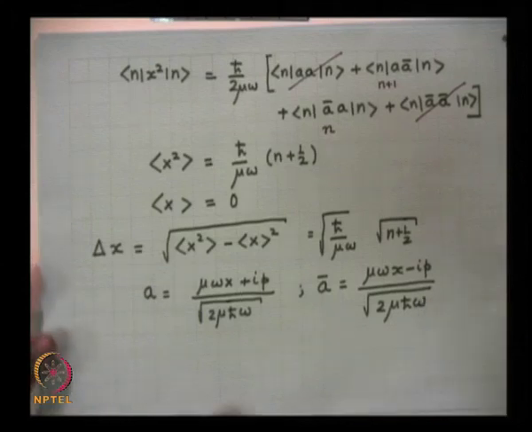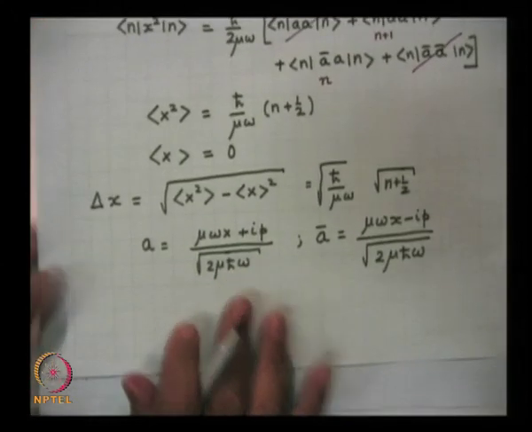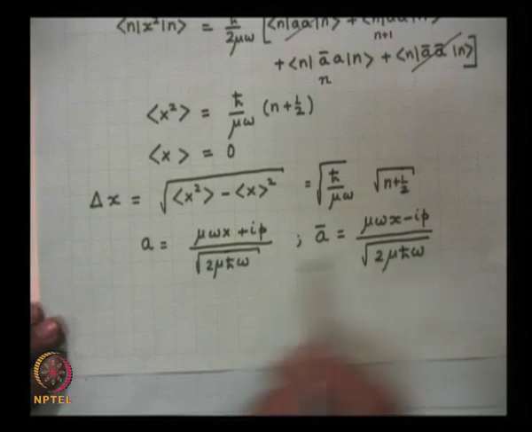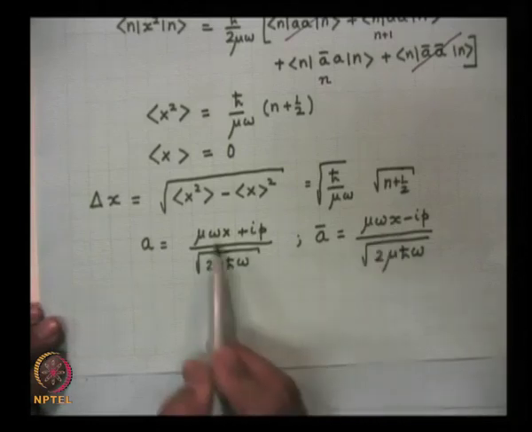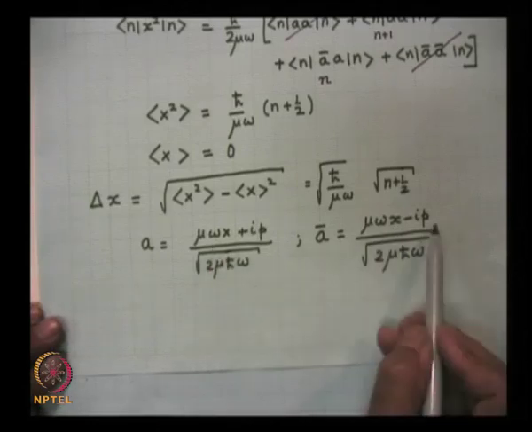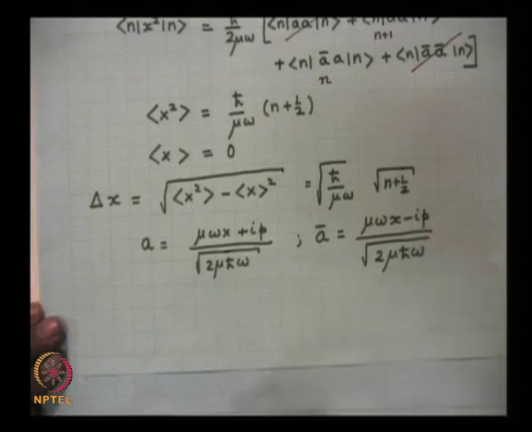Now, one can immediately see that in order to obtain an expression for x, we add them up. In order to obtain an expression for p, we must subtract them.